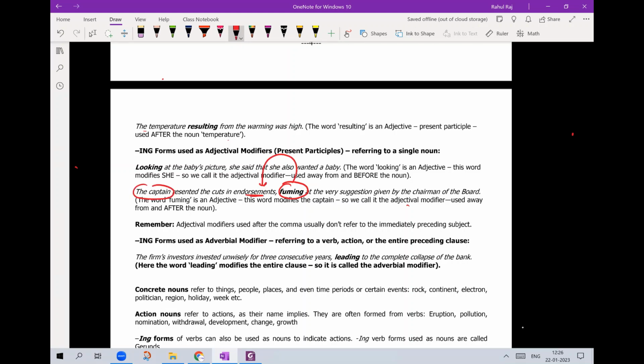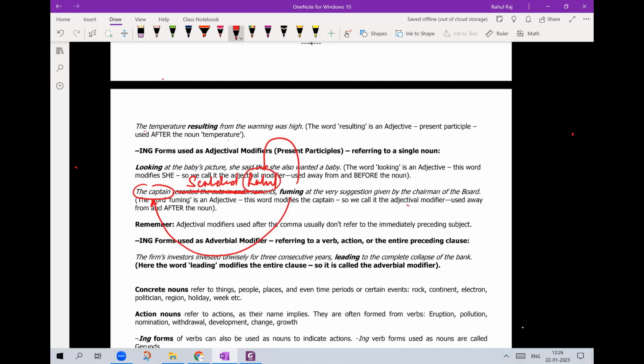Now, this is a sentence where it is very easy to say, but imagine if the sentence is, the captain scolded Rahul. Imagine this is the sentence. Now, please tell me, at this place also, fuming is going back to the captain only. Fuming, because Rahul is an eligible noun to fume. But the rule says that the ing form after a comma never refers to the immediately preceding subject.